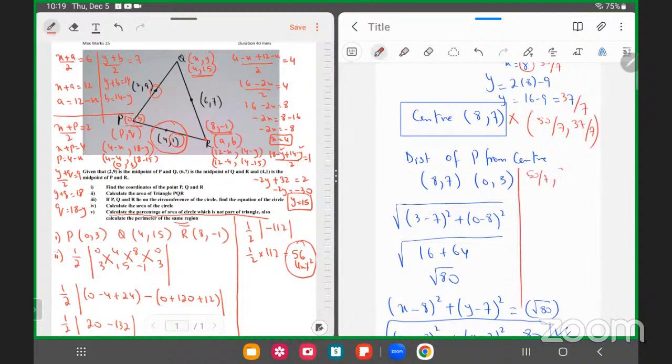50 upon 7, 37 upon 7 and 0 comma 3. So the distance is 50 upon 7 minus 0 and 37 upon 7 minus 3. So this is 2500 upon 49 plus 256 upon 49.